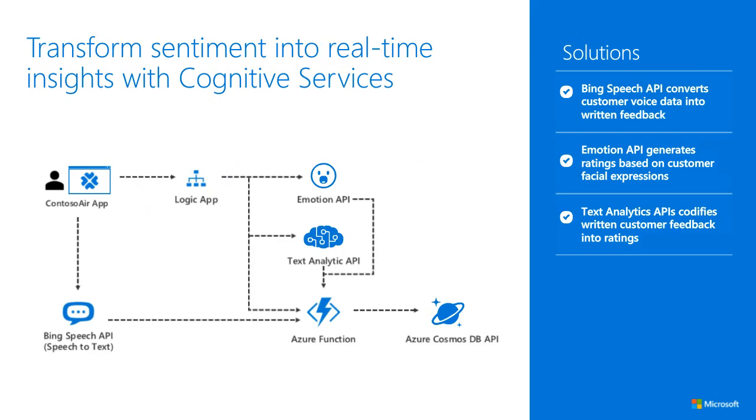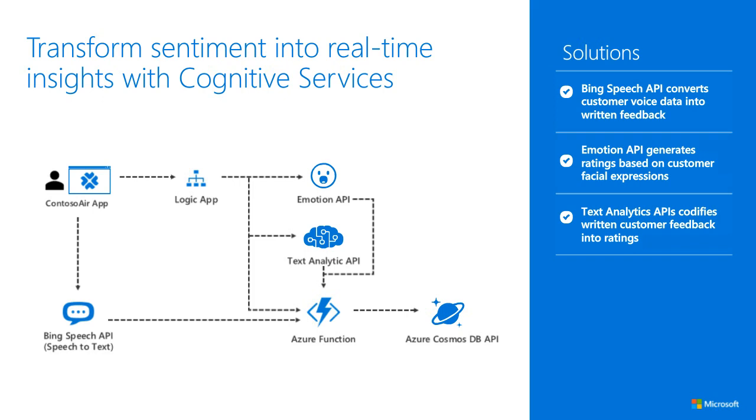The next aspect is, how do we get the feedback from users and how do we really understand whether they are feeling happy about the service? How do we get this kind of sentiment analysis through an intelligent way? And so the architecture that we propose here is just your Contoso Air application is hooked up to Logic Apps, and that's hooked up to the different Cognitive Services APIs, which is your Emotion API, your Text Analytics API, which can be hooked up to Azure Functions, and that can feed directly into Azure Cosmos DB, which is your root database.